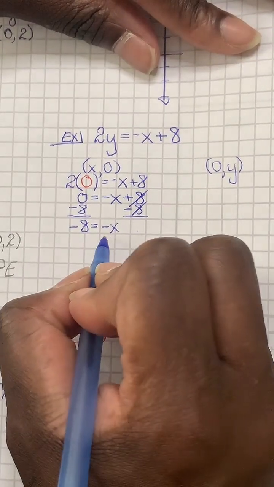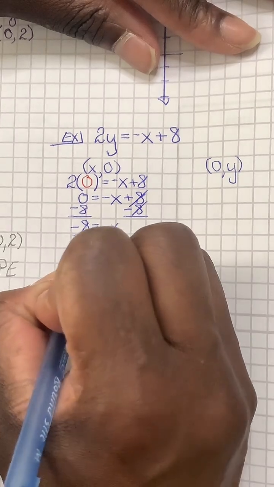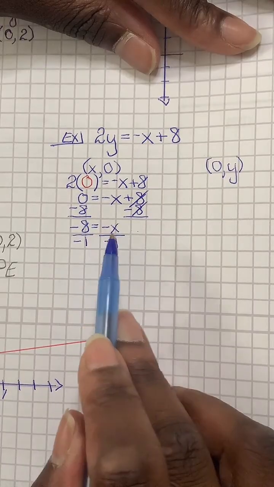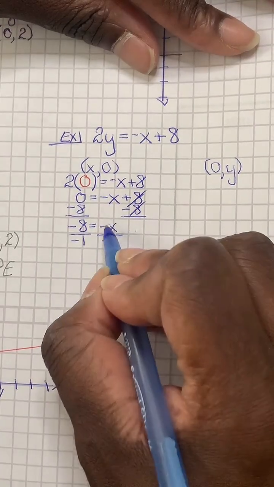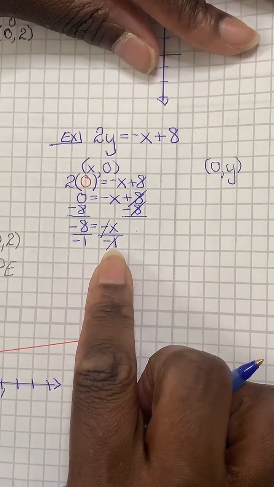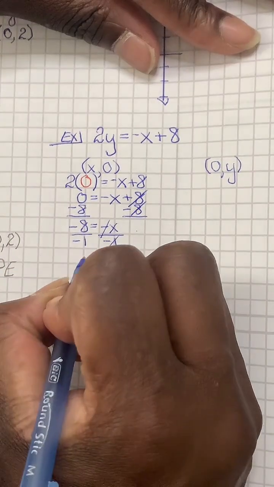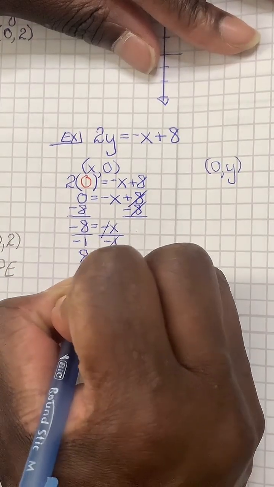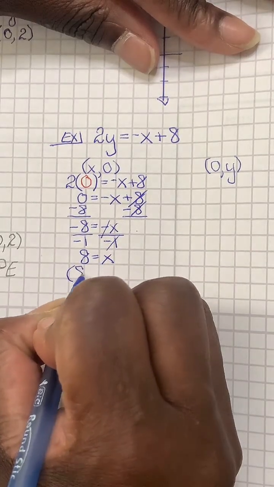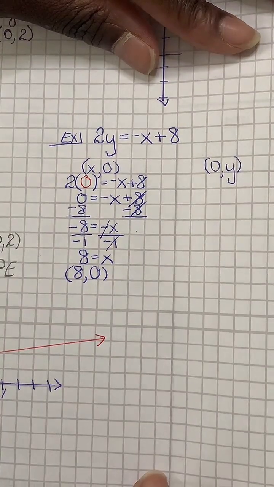So that means we have to divide both sides by -1 because we want to get x by itself, not negative x. So this negative and that -1 will cancel out. A negative divided by a negative will give me a positive. So we're saying that my 8 is going to be positive, comma, 0.